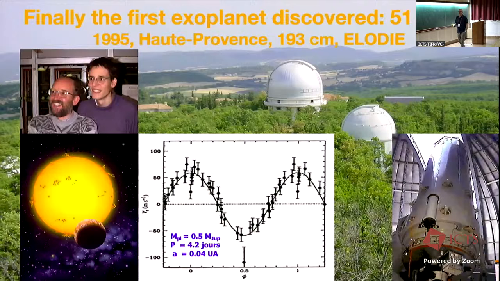As Sourav said, there have been different attempts, there are different techniques. The technique that Michel Mayor and Didier Queloz used back in '95 to find 51 Pegasi b was the one of radial velocities, measuring the velocity change.